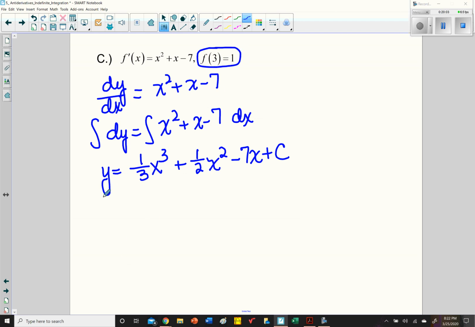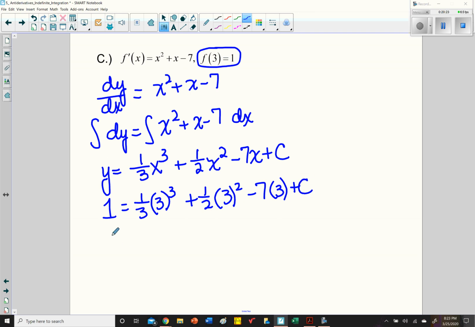We want to solve for the particular solution. When y is 1, x is 3. Substitute 3 into all the x terms and solve for a constant. In this case, we have 1, and that's 27 divided by 3 for 9, and 9 over 2, and 21.